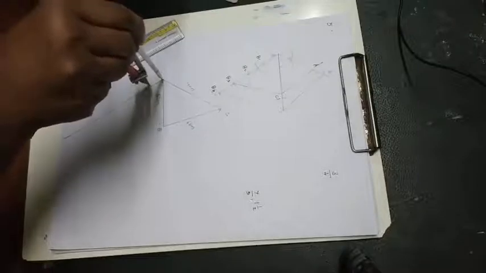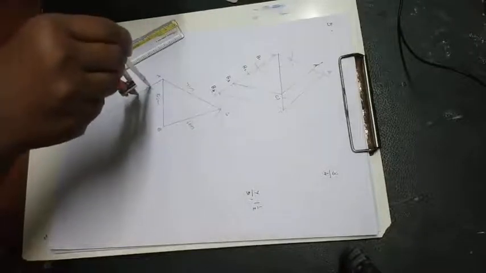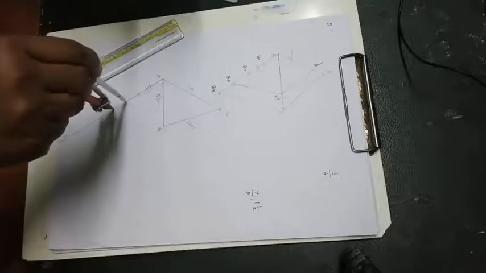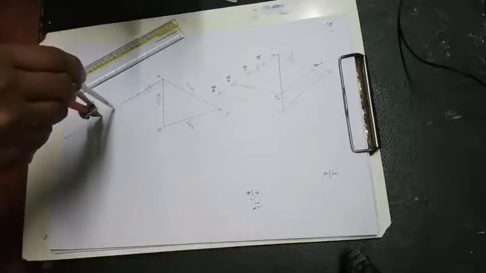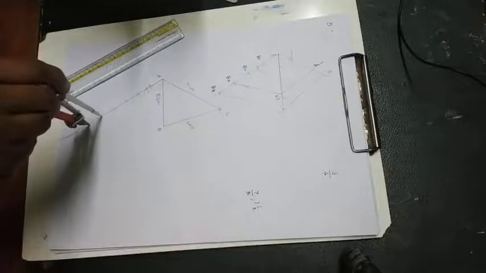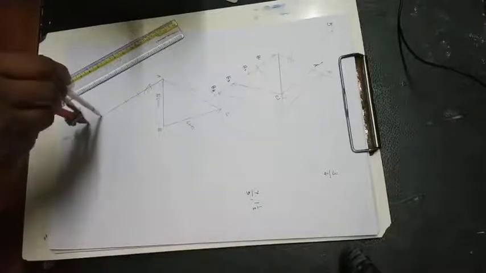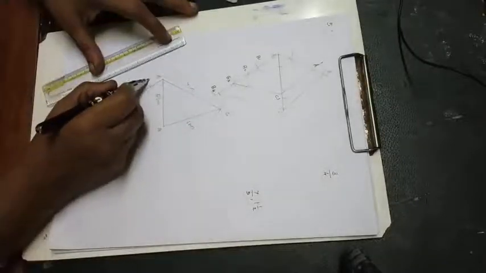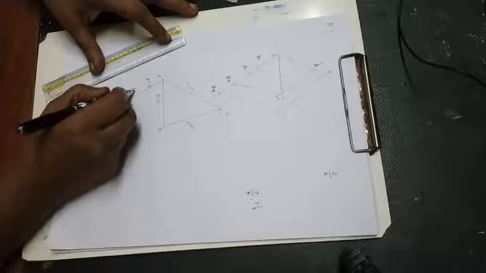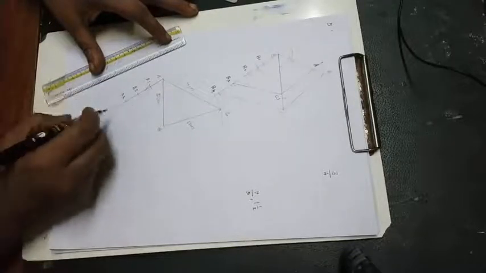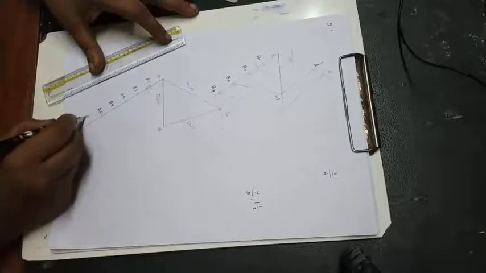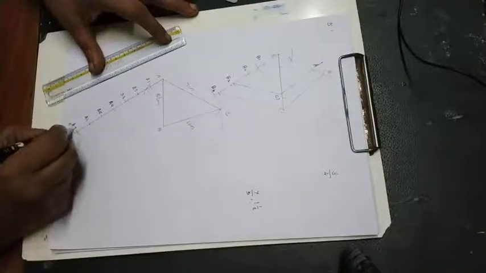So let us mark that one. 1, 2, 3, 4, 5, 6 and 7. 7 equal parts we made. So let us mark that one. A1, A2, A3, A4, A5, A6 and A7.